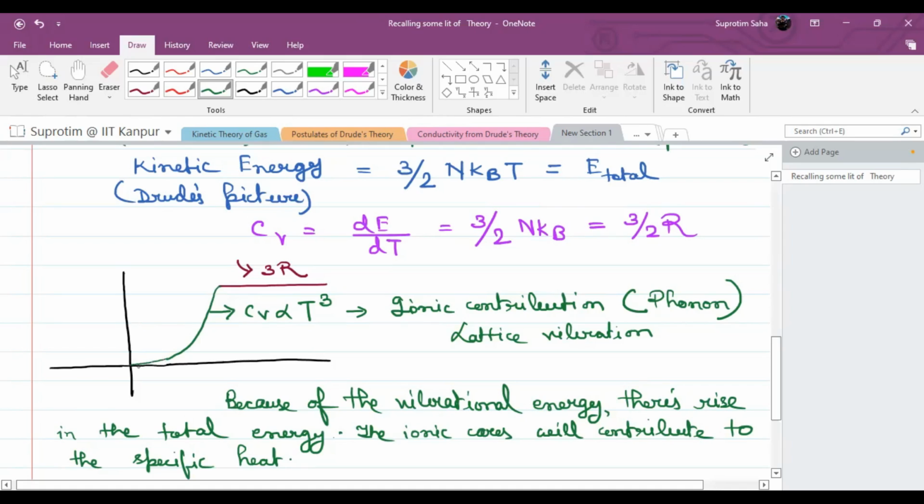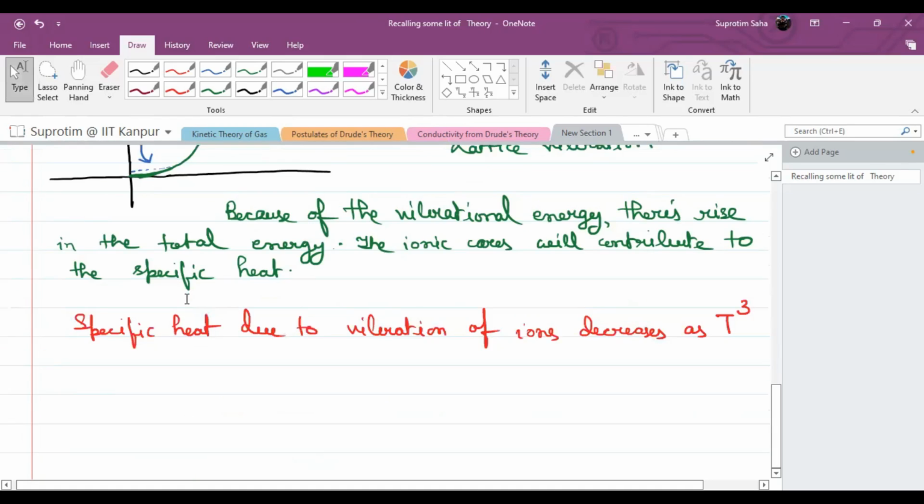All right. But you see that as you go down to very low temperatures, it is not like that. CV varies as T. It varies linearly.